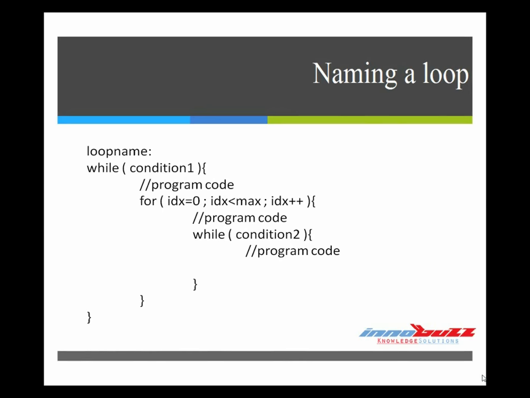This can be done simply by writing a name before the beginning of the corresponding loop followed by a colon. Then we can write the name of the specified loop after the break or continue statement. This way, we can specify which loop we are going to apply the break or the continue on.